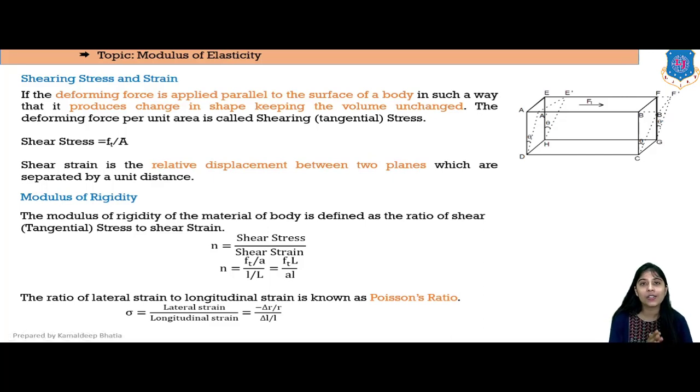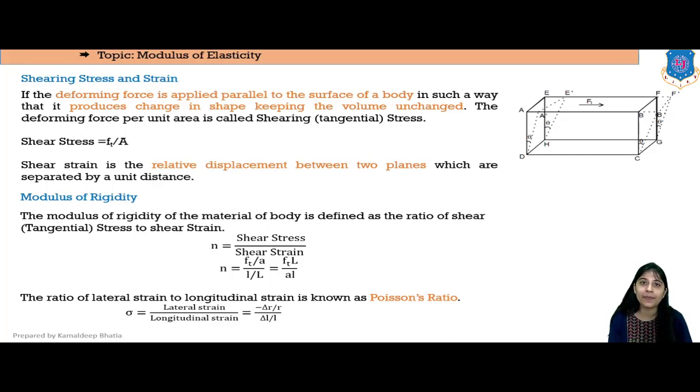So shear strain or simply shear can be defined as the relative displacement between two planes separated by a unit distance. And the tangential stress is nothing but the tangential force divided by unit area of the face ABFE. So here the modulus of rigidity of the material of the body is the ratio of tangential stress to the shear or shear strain.